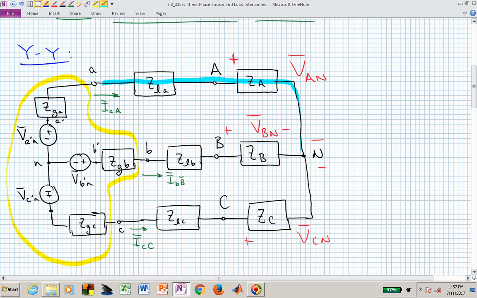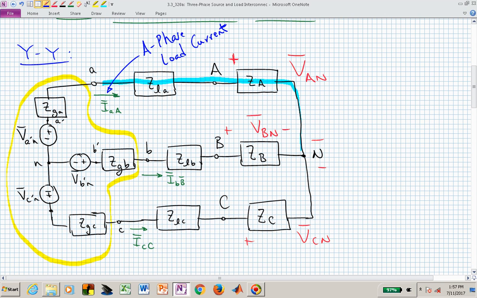And because of that, we can actually call this particular current the A phase load current. And that's true in this YY configuration, that current in the transmission line is actually going through the A phase of our load.